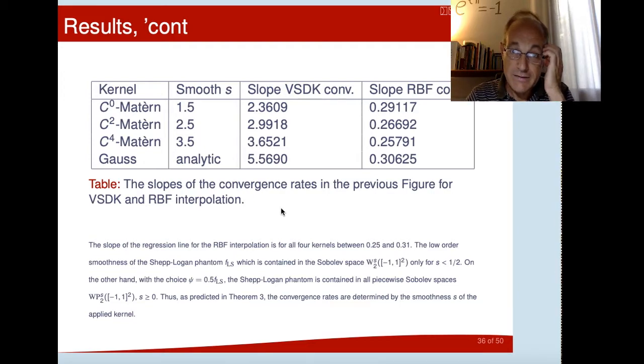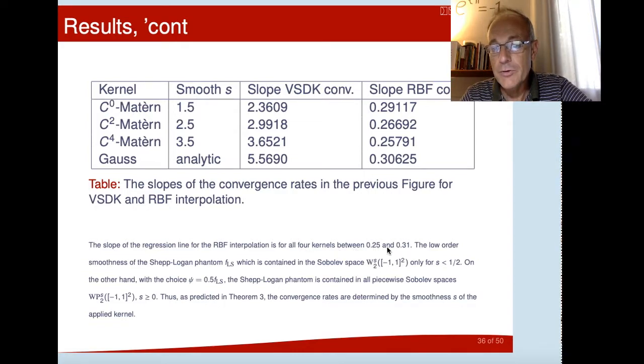Here you see in the table, as I already said, the slope of the VSDK convergence and the slope of the RBF using the different kernels. Why are the slopes of the VSDK much better? The reason is in this explanation: the slope of the regression line for the RBF interpolation is, for all four kernels, between 0.25 and 0.31, low order, because the Sobolev space corresponding to the Shepp-Logan function is the following one, with s less than 1/2.